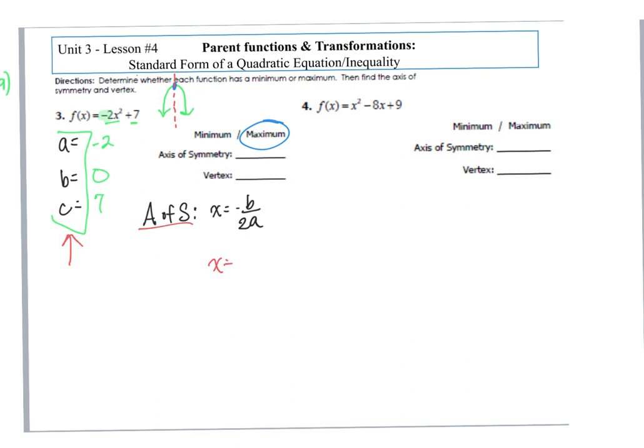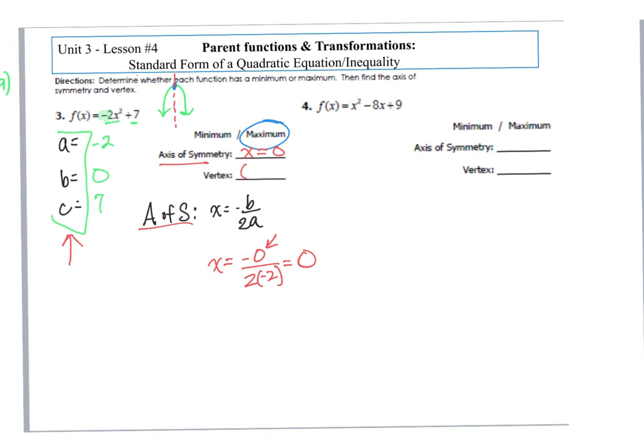So x is equal to negative 0 for b, over 2 times negative 2. As soon as I see that I've got 0 in the numerator, I can stop. That means everything equals 0. To write the axis of symmetry, always start with x equals, and then we put 0.